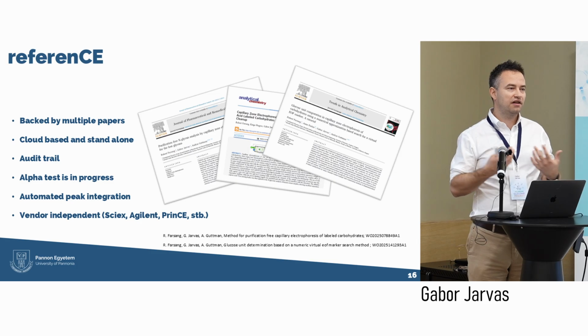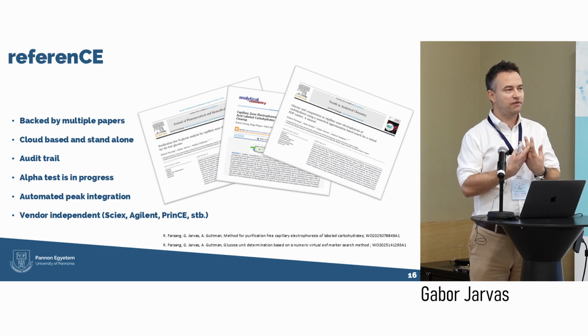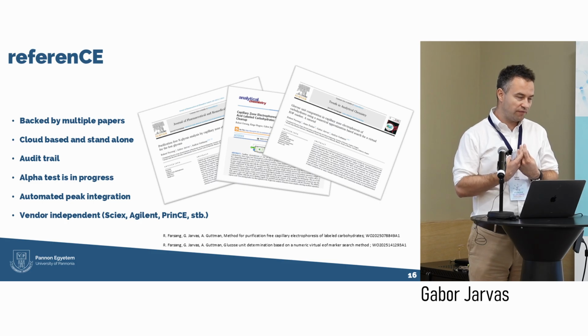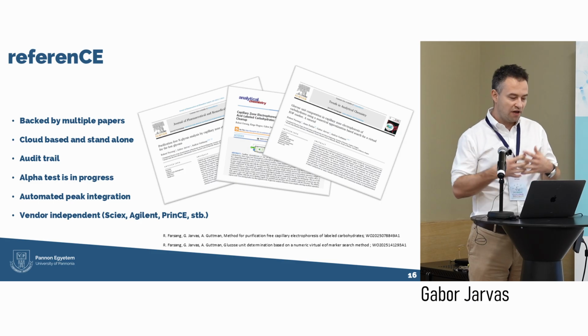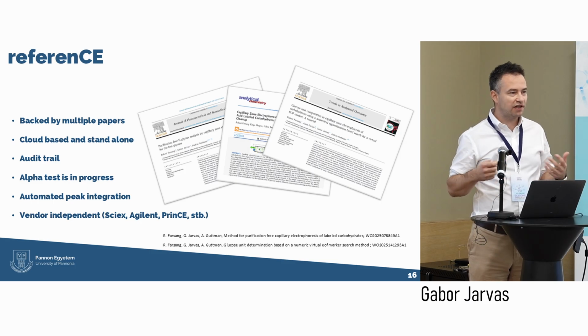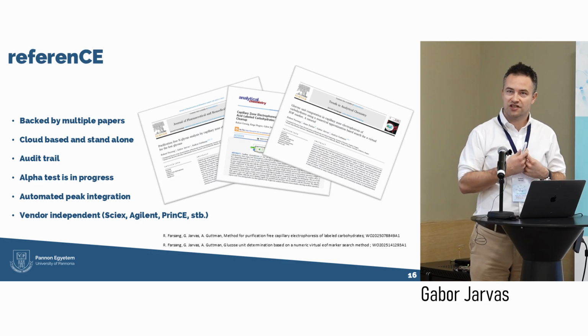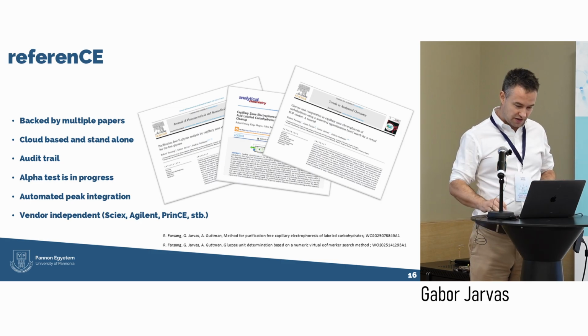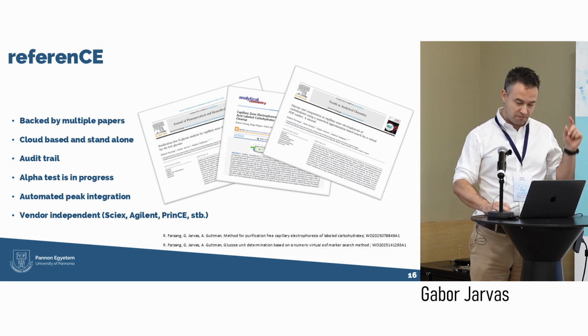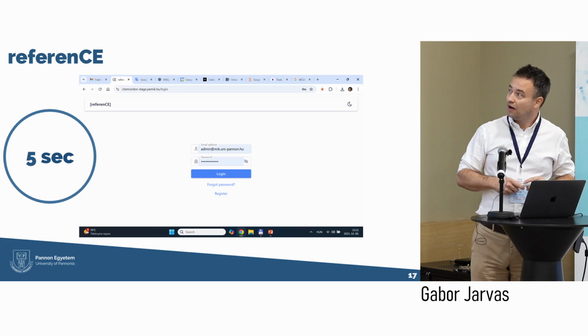And we made the software itself suitable to handle all of the traces coming from different vendors like Beckman, Agilent, Prince, whatever it is. And also it's suitable to simply process the XY data if you have just that. To show you how simple it is, I made a slide.